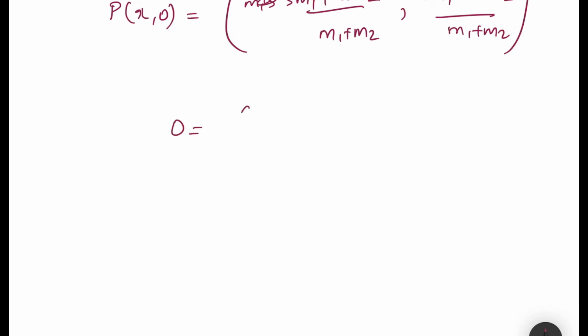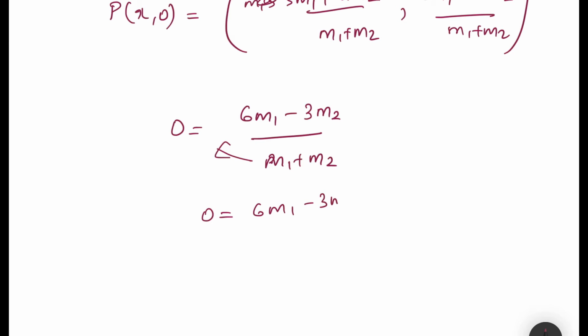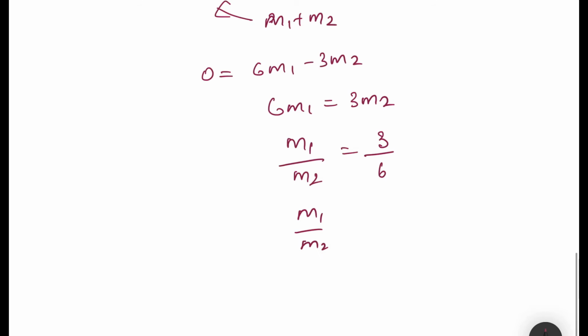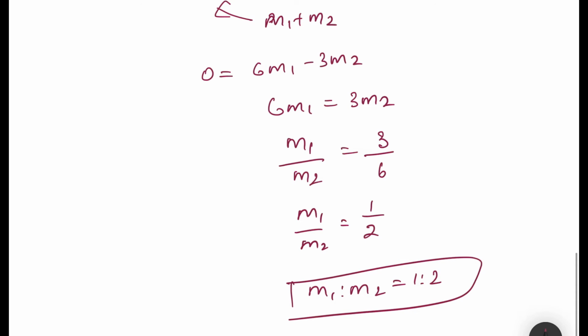So I get 0 is equal to (6m1 minus 3m2) by (m1 plus m2). If I multiply this side, I get 0 is equal to 6m1 minus 3m2. So 6m1 equals 3m2, m1 by m2 equals 3 by 6, so m1 by m2 will be 1 by 2. So m1 is to m2 will be 1 is to 2. That will be the ratio you get.